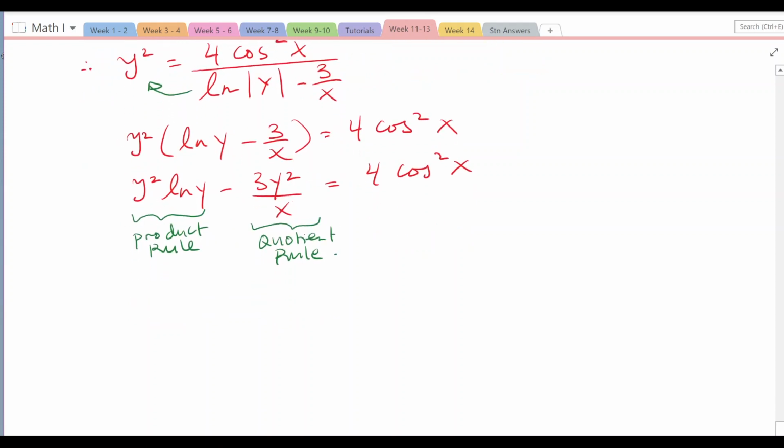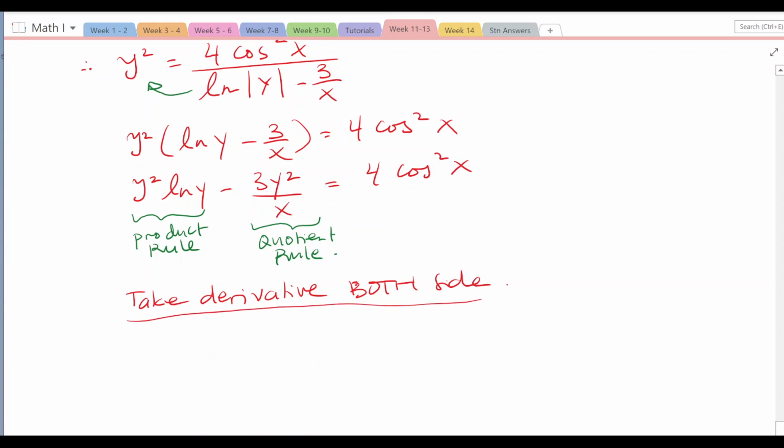So the plan was to take the derivative using implicit differentiation. If you take the derivative, you have to take the derivative on both sides.